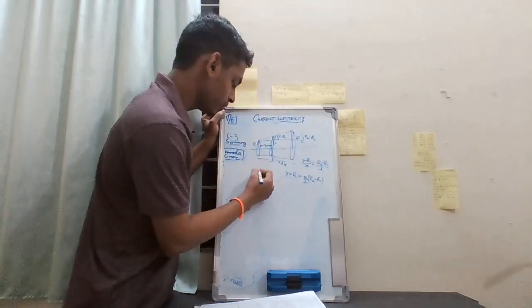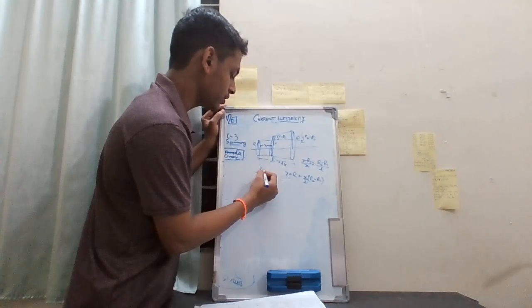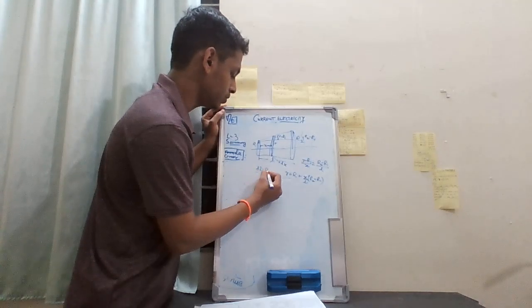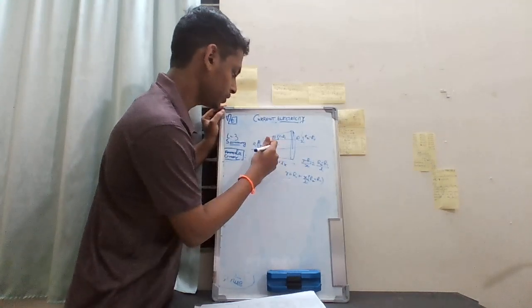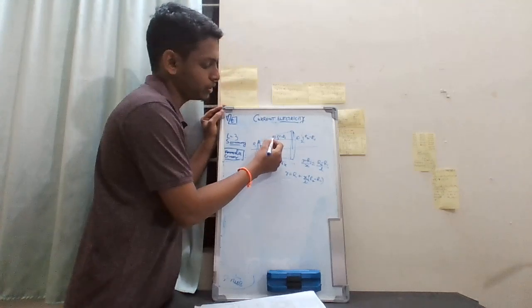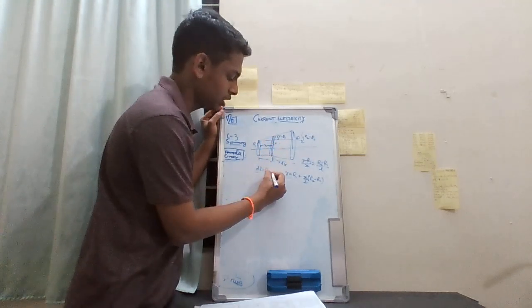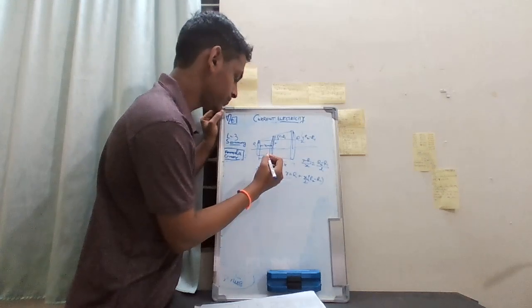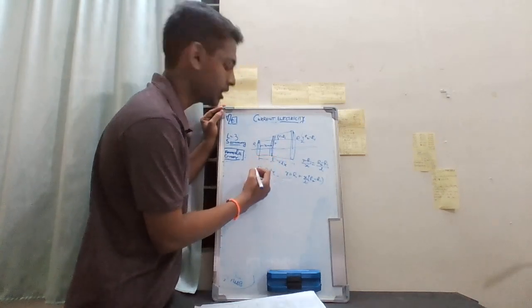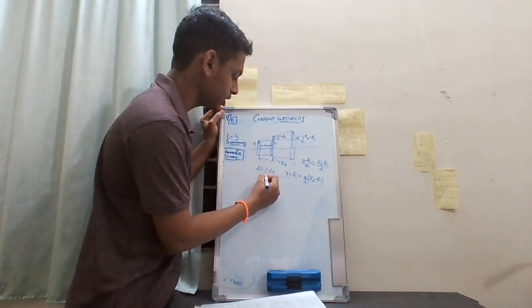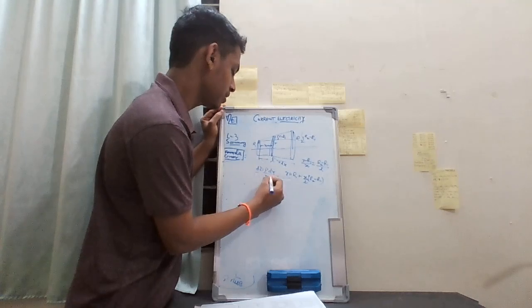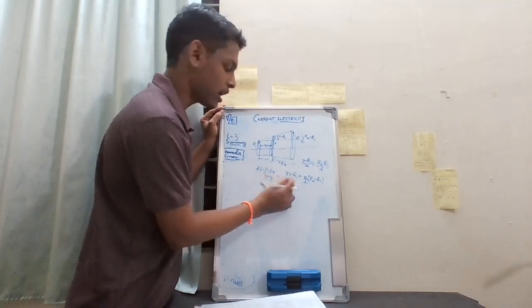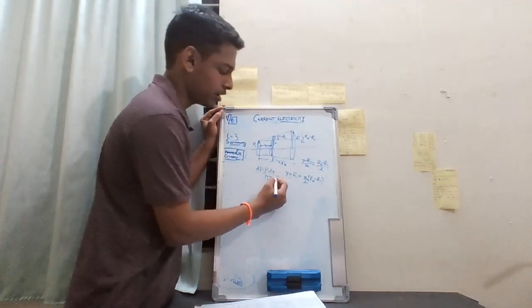First of all, we know that dR equals rho times dx, the length through which it is moving, upon the area, which would be pi r square, not 4 pi r square. Here r is this r.